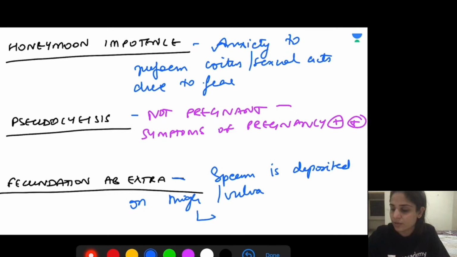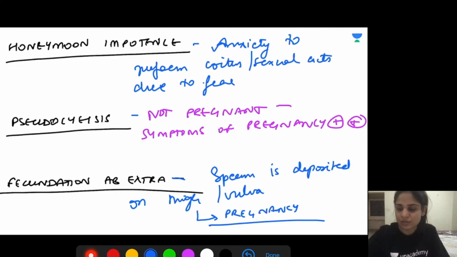Now I know that is very hard to believe, but it is possible. The sperm can travel up, and this is called fecundation ab extra. So you are depositing the sperm in an area outside the vagina and the cervix, but still the sperm is able to travel up from there and carry out a pregnancy. So that is called fecundation ab extra.